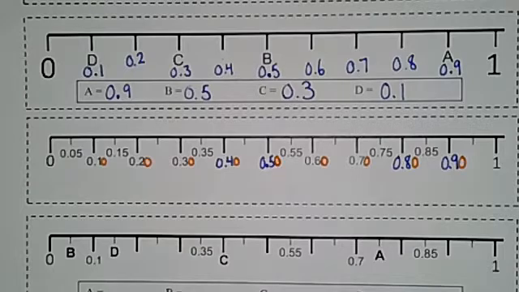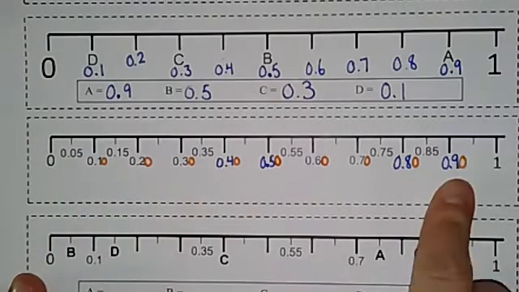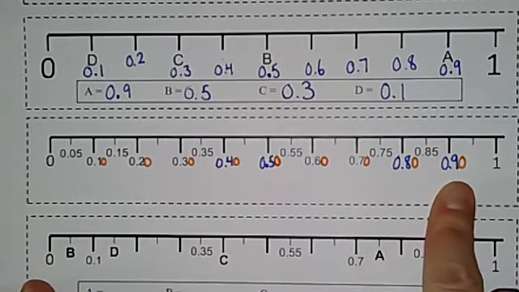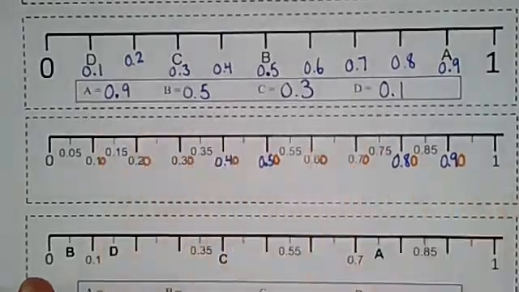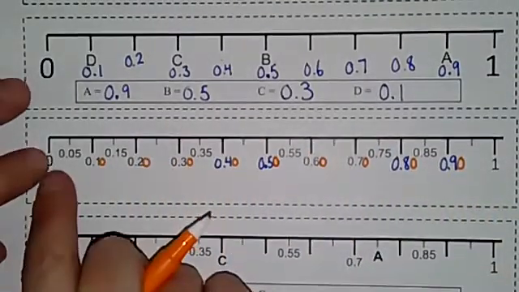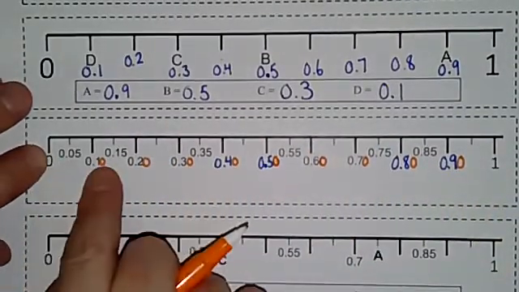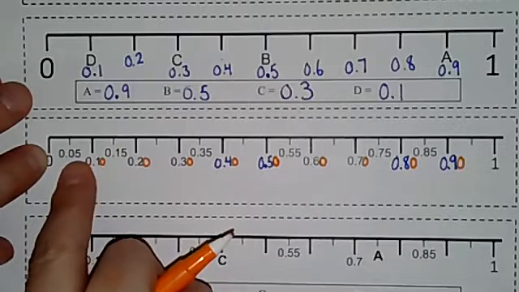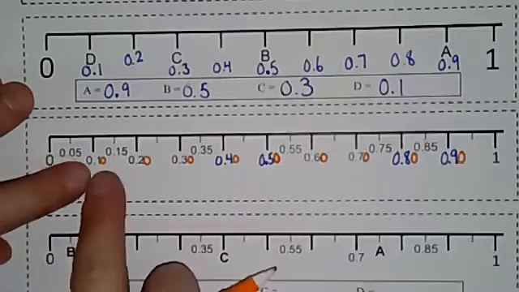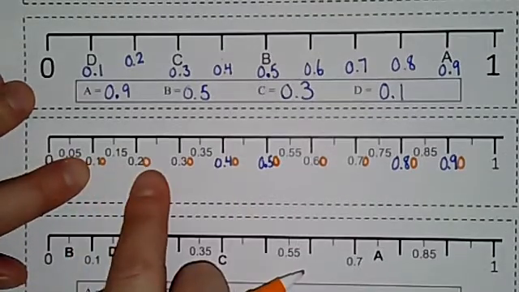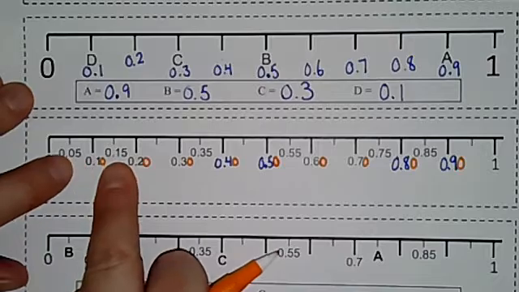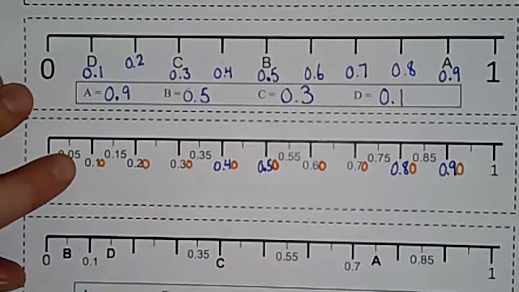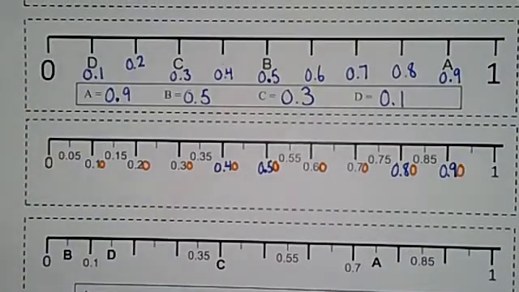Okay, so now that I've already turned them into hundredths, then it's very easy to figure out the numbers that are in between. So in between 0 and 10 is 5 hundredths. In between 10 hundredths and 20 hundredths is 15 hundredths. Elise, what's in between 20 hundredths and 30 hundredths?